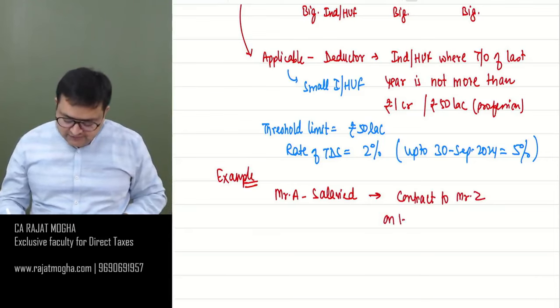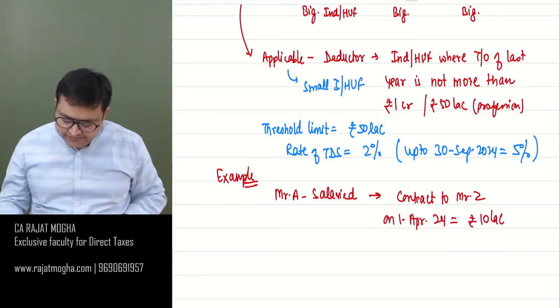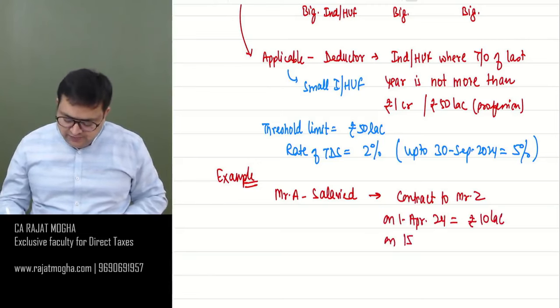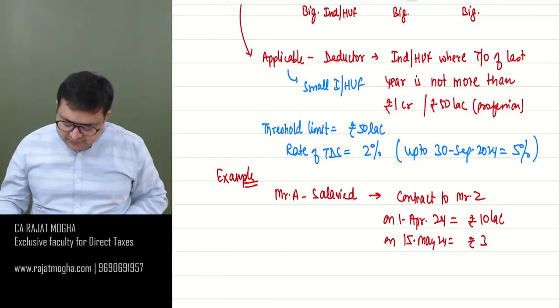On 1st April 24, he is paying 10 lakh rupees to him. On 15th May 24, he is paying 30 lakh rupees.